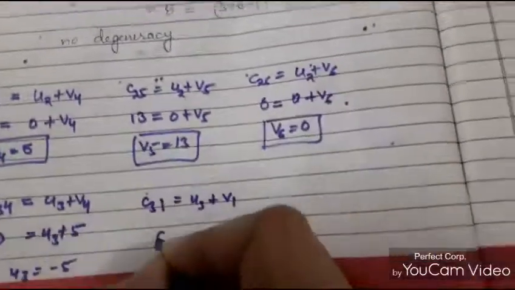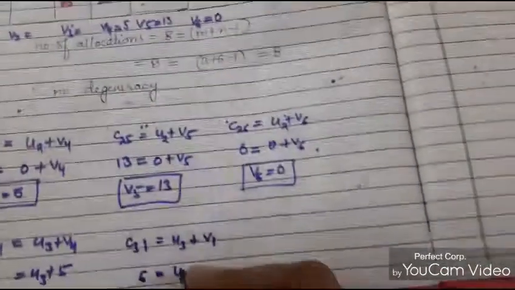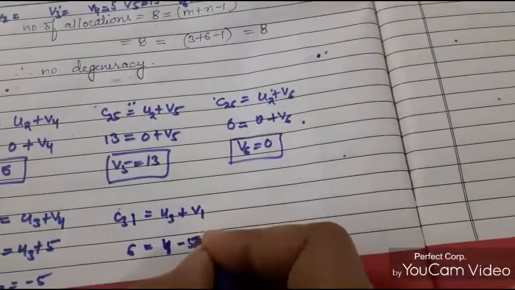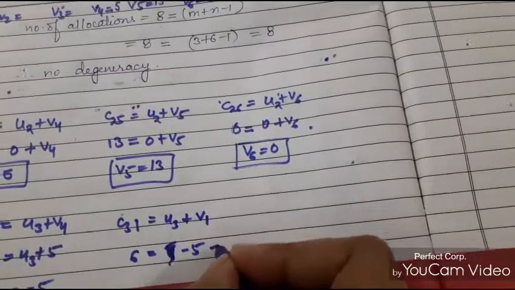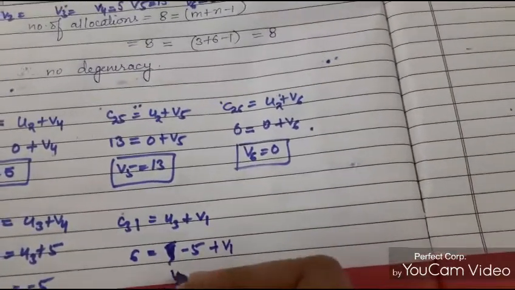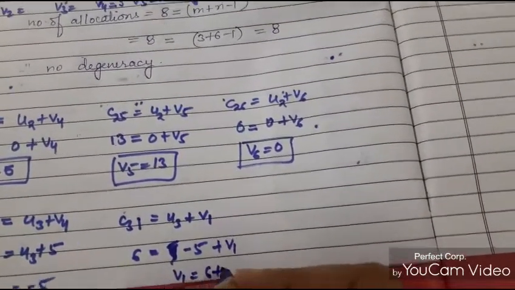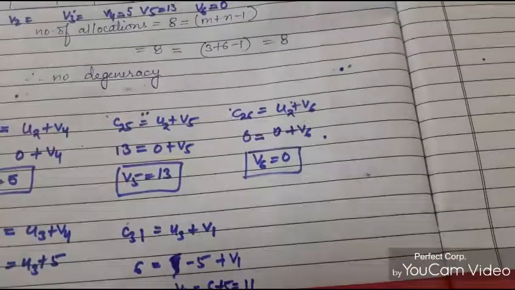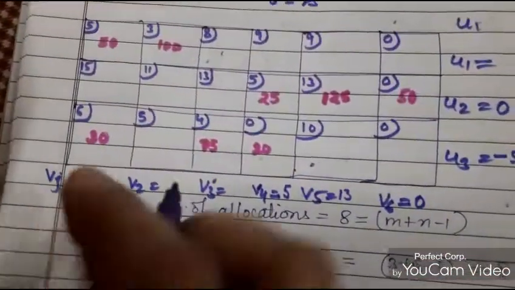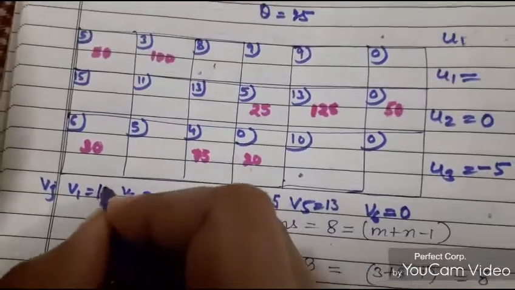So 6 is equal to minus 5 plus v1, or v1 is equal to 6 plus 5, which is equal to 11. So v1 is 11.